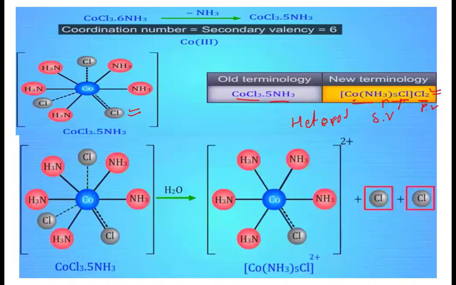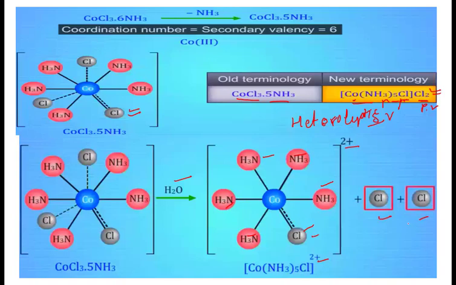heteroleptic complex. Okay. Now in this case you can see on dissolving in water, the charge that appears will be 2 positive. Again the coordination number, or secondary valencies, remain the same, out of which 5 are ammonia and 1 is chloride, right?